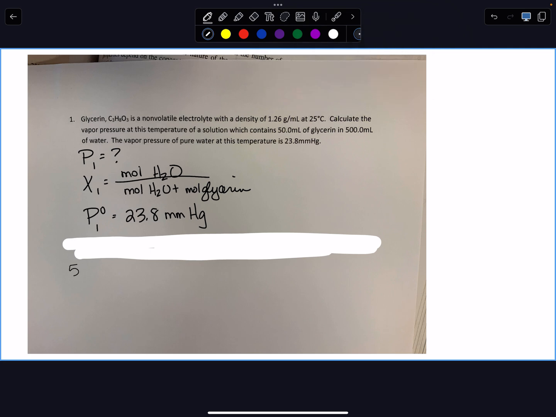Okay, if we have 500 milliliters of water, what's the density of water? 1 gram per milliliter. So if we have 500 milliliters of water, that means we have 500 grams of water.